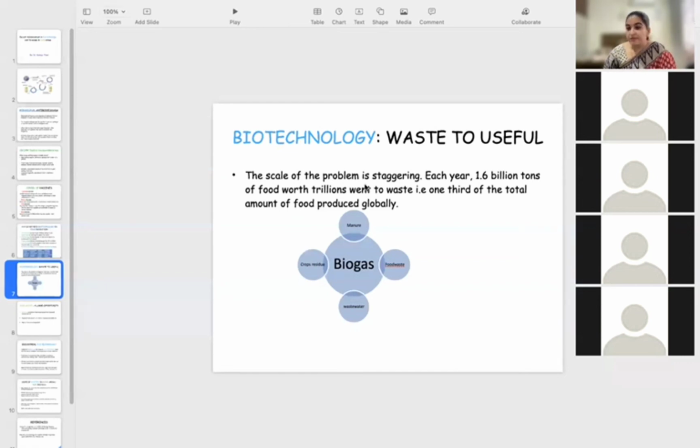So what if we can recycle this wasted food and form biogas? Also from manure, crop residues, wastewater, and from food waste, biogas can be produced. And then further, this biogas can be used for production of heat, power, and many other options for many other human causes.